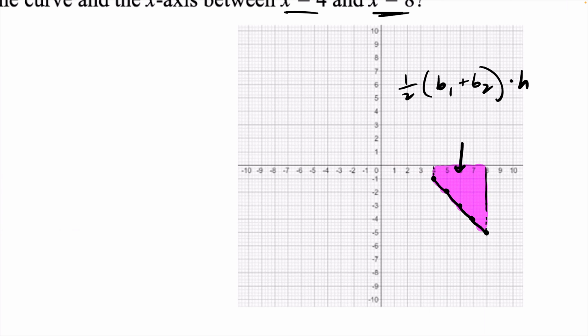So this is going to be 1/2 times 1 plus 5, times the height, which is always directly across from the diagonal side. So directly across, it would be from 4 to 8. It's the width.